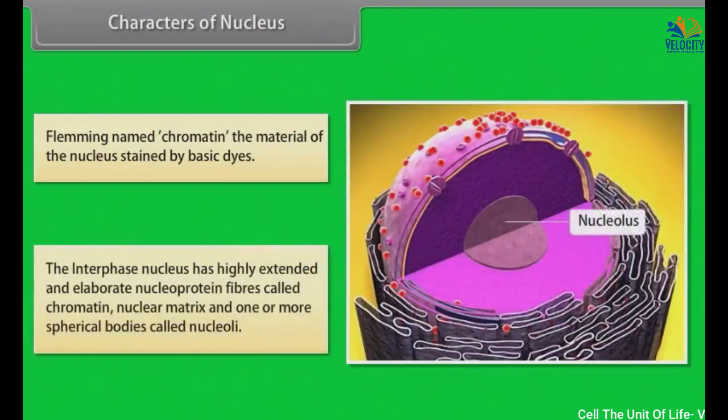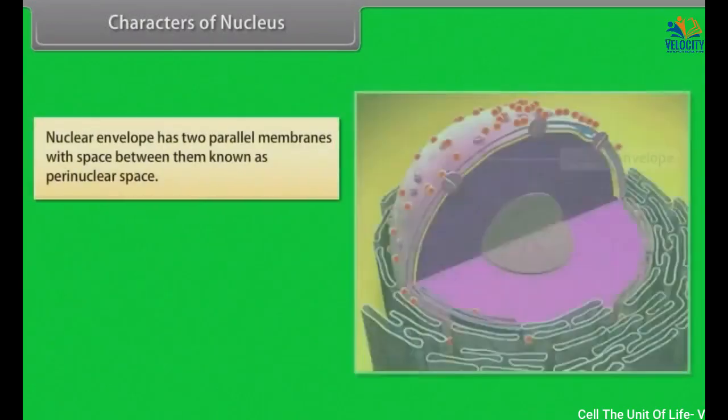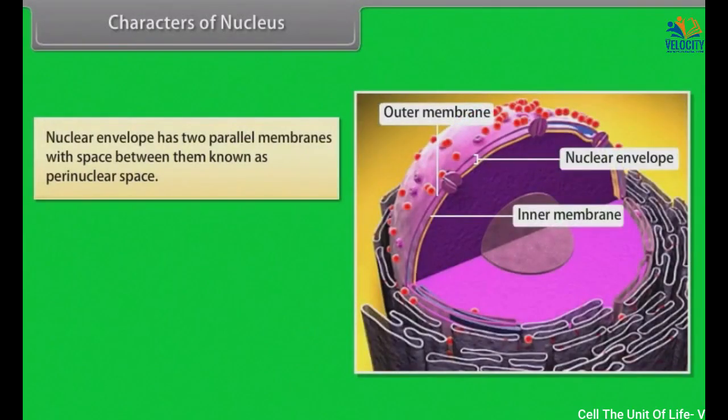The interphase nucleus has highly extended and elaborate nucleoprotein fiber called chromatin, nuclear matrix, and one or more spherical bodies called nucleoli. Nuclear envelope has 2 parallel membranes, with space between them known as perinuclear space.